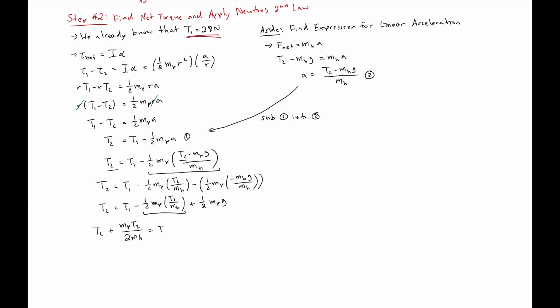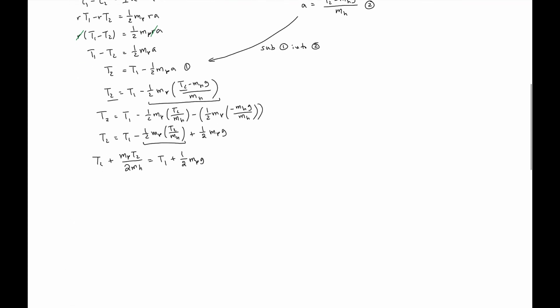That's equal to T1 plus 1/2 m_p g. This is getting pretty big. We can factor out T2 and get (1 plus m_p over 2 m_h) T2 equals T1 plus 1/2 m_p g.